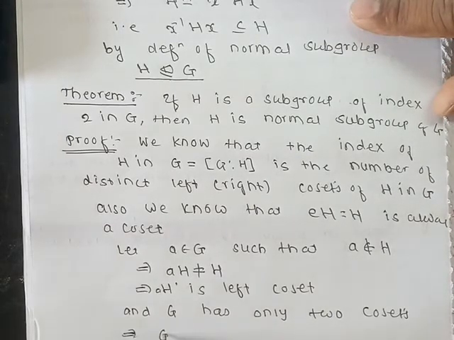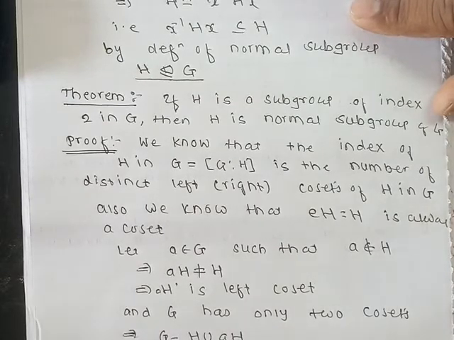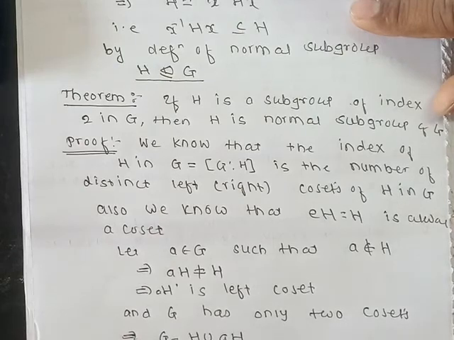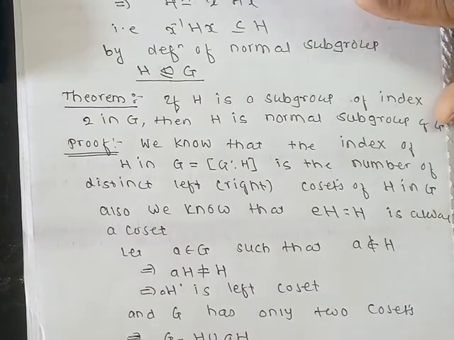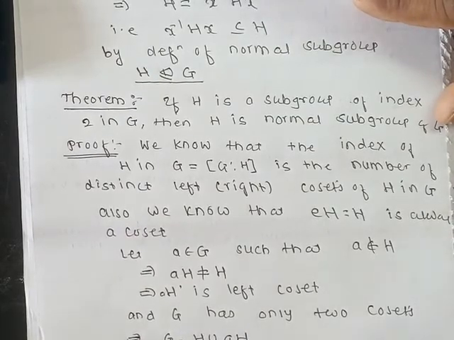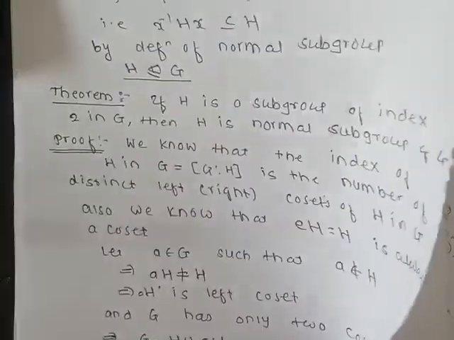This implies G is equal to H union a H. Similarly, H a is a right coset. This implies that G is equal to H union H a.